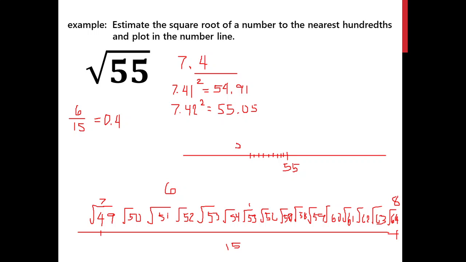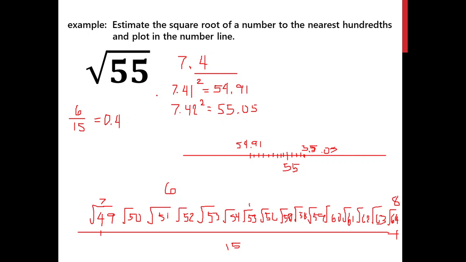And here is our 55, 54.91. While 55.05 is 5 units away from 55. So obviously, 7.42 is closer to 55, right? If I were going to illustrate that one here.